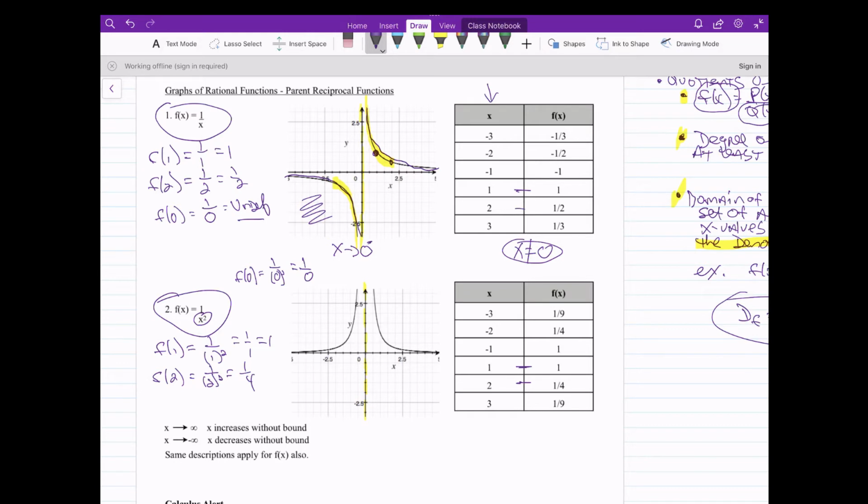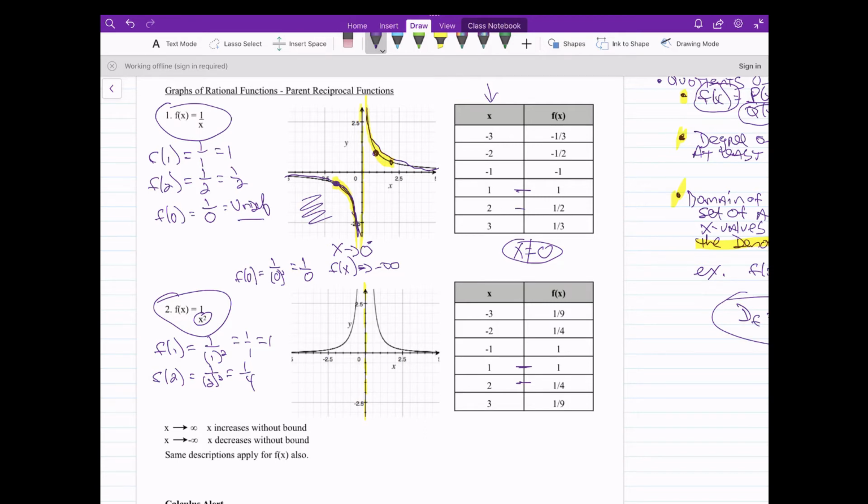So as we approach 0 from the left side, I'm actually on the left side of 0, and we're coming in as close as we can get to it. What's happening to the line of the graph, f of x? As we get closer and closer to 0 from this side, f of x is going to approach negative infinity.